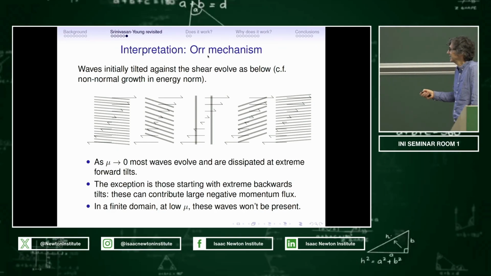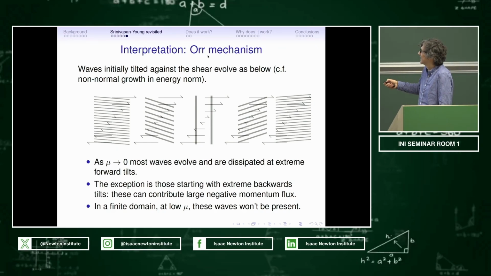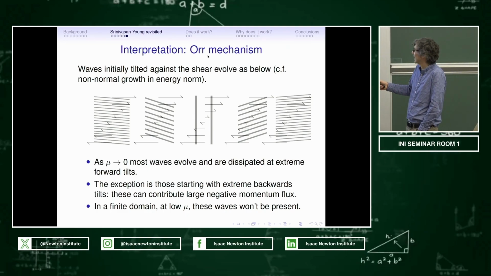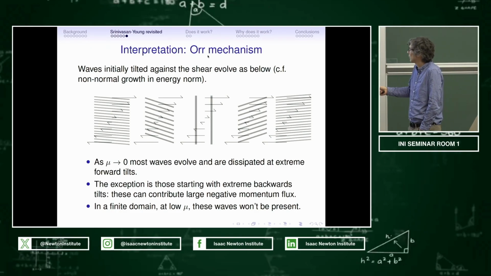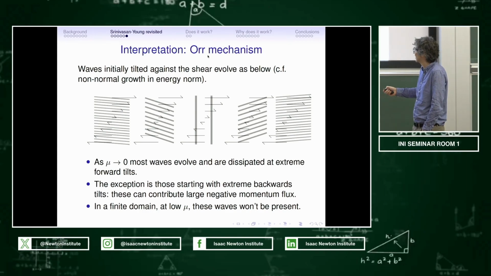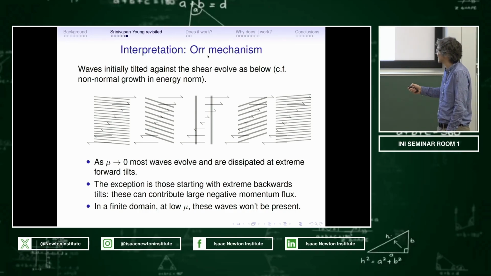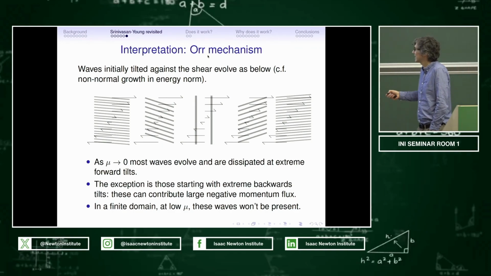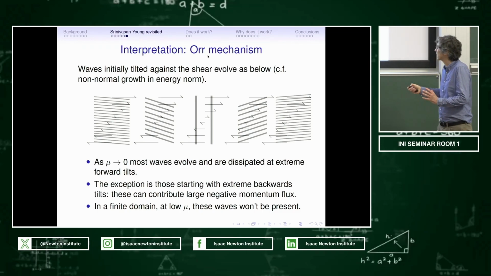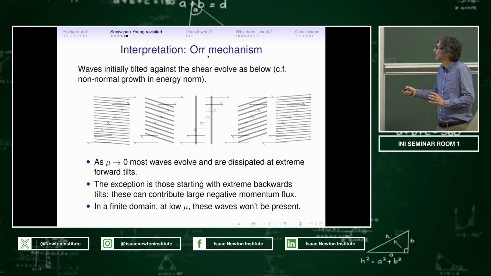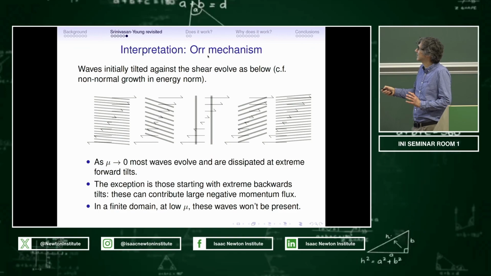But the exception is waves with an extreme backwards tilt, and they're the only ones that can contribute negative momentum fluxes at low friction. But one of the things that in practice means that the Srinivasan-Young result isn't observed is that if you've got a finite domain and you're forcing at finite wave numbers, you need to have access to a very, very long domain for any of these waves with extreme backwards tilts to be present.